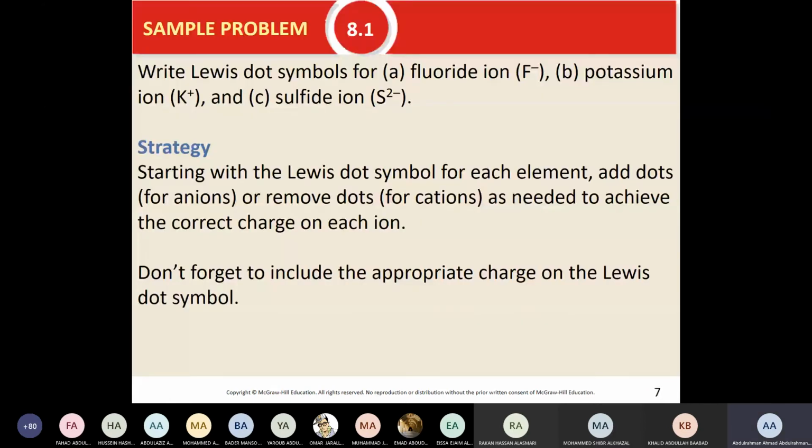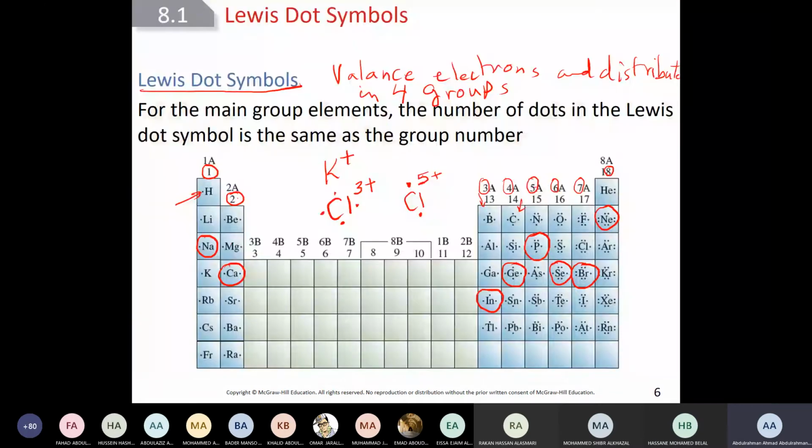Doctor, is it okay to put the dots on the same side? Well, you can, but usually no. You can actually. It's not wrong if somebody did this. Cl 5 plus like this.